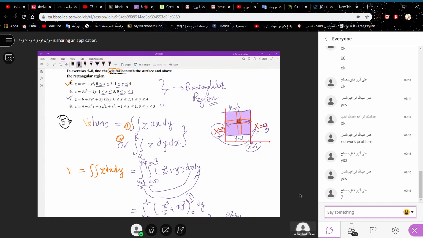However it's simple, but it requires integration by parts. You want to see it now? 7.